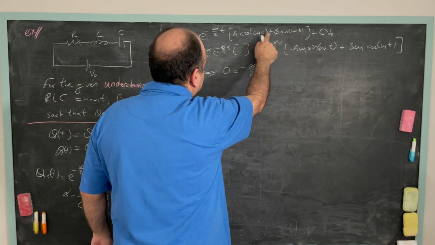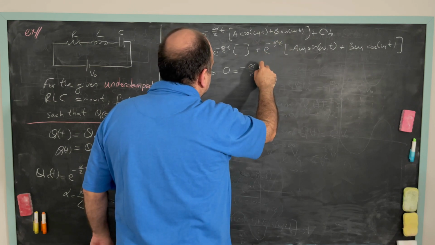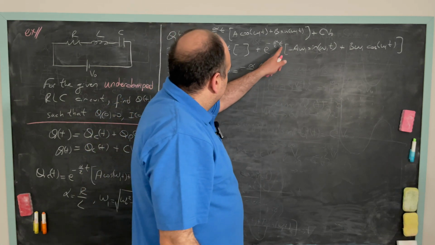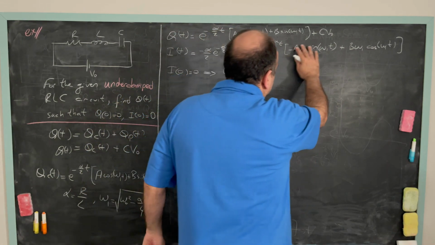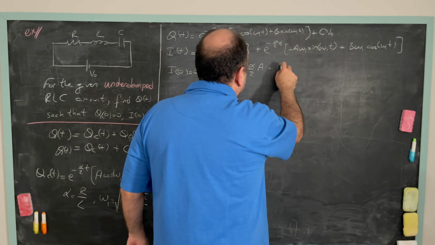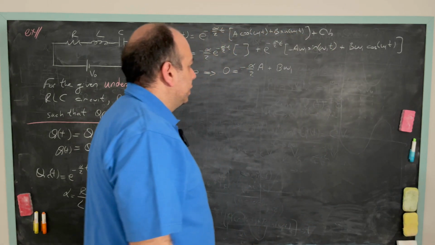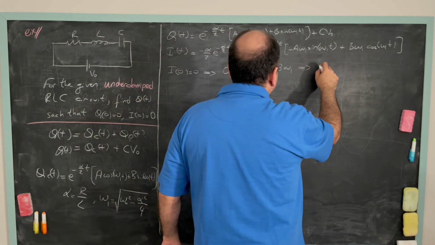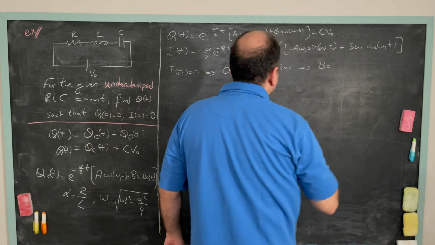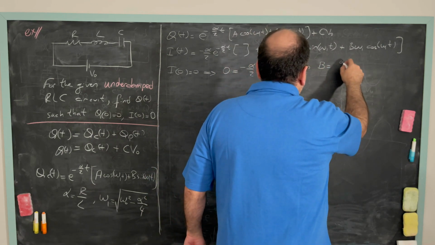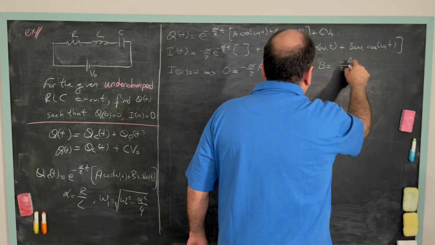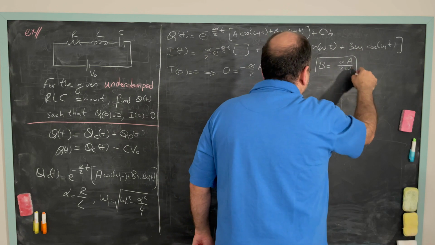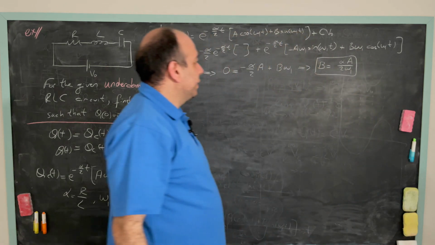Cosine 0 is 1, sine 0 is 0, so this is simply equal to A, plus, when t is equal to 0, this is 1, this term is 0, plus B times omega 1. From here, we can say B is equal to alpha over 2A over omega 1. So this is how we can write B in terms of A.